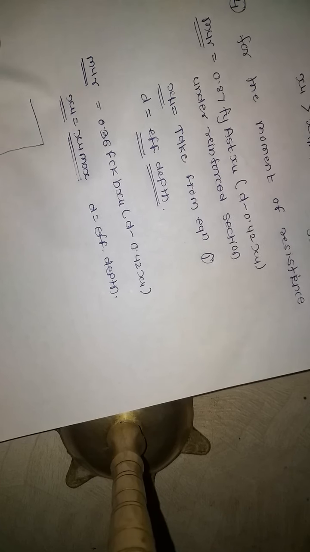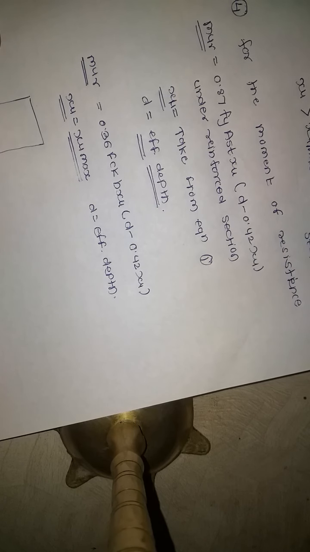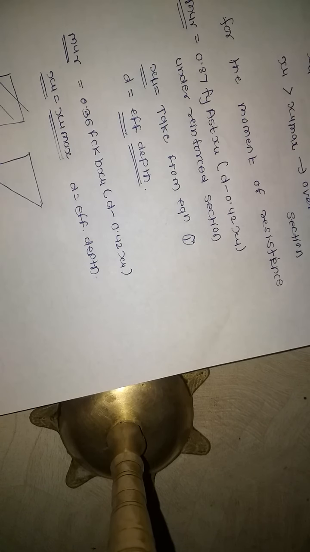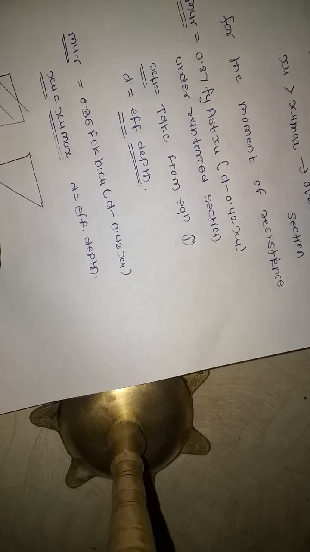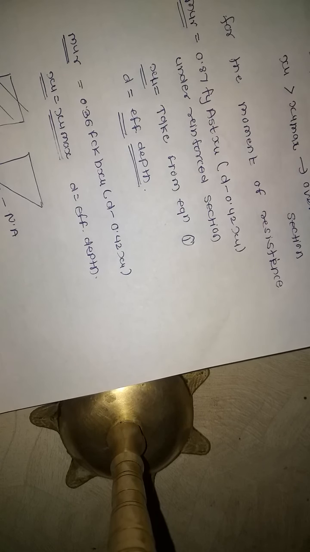When the section is under reinforced, suppose this is the diagram and this is the neutral axis, then this is XU, the depth of the neutral axis.